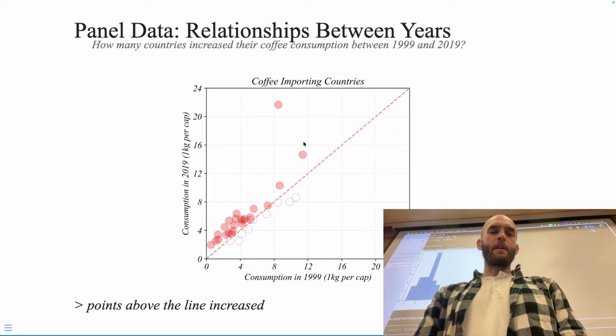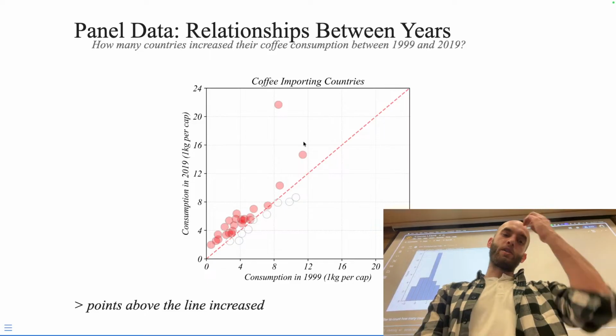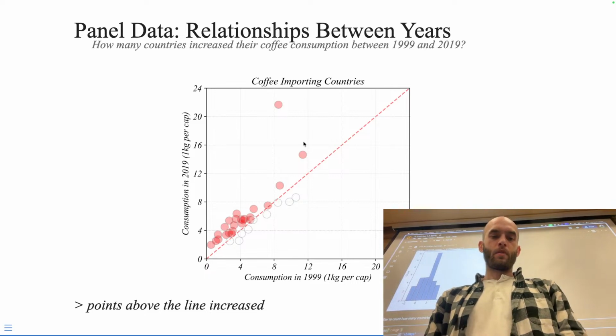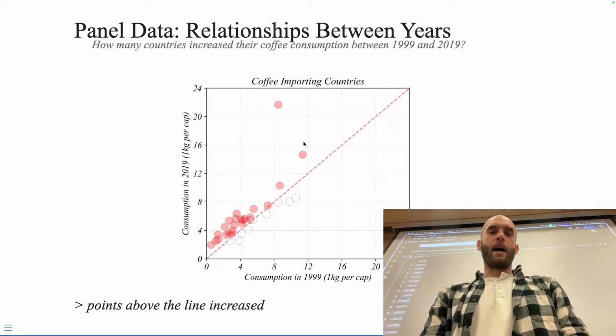The quick way of doing this is just to check which rows have increased or decreased. So if I say per cap change, this is just the row itself, so all of the changes.